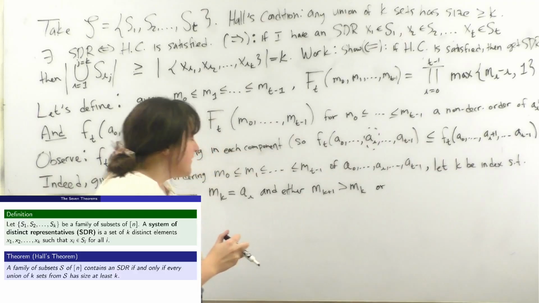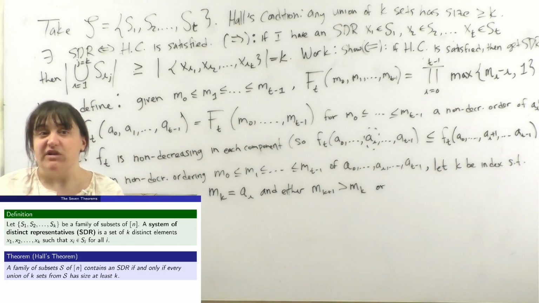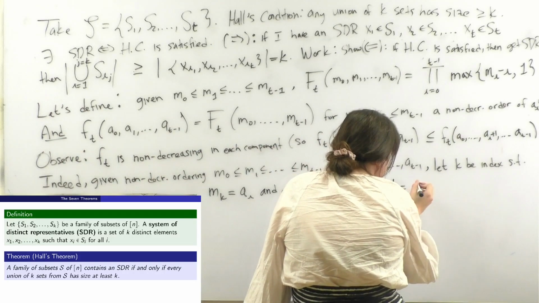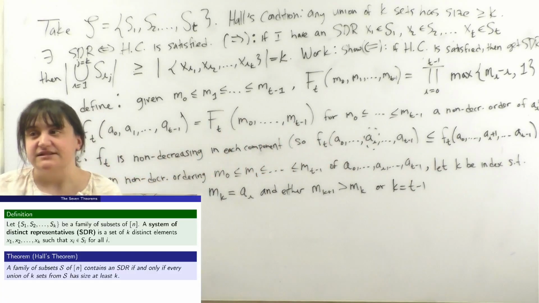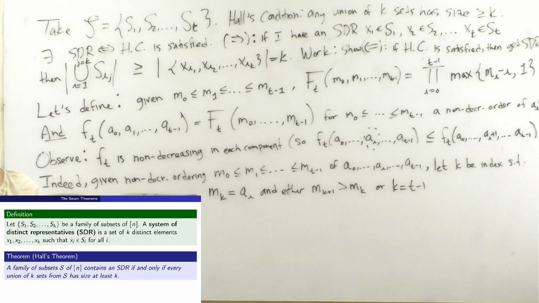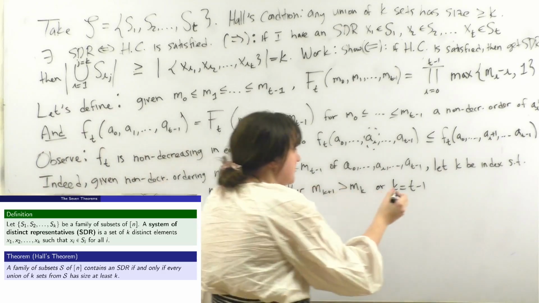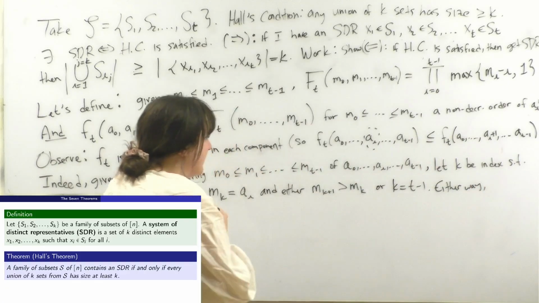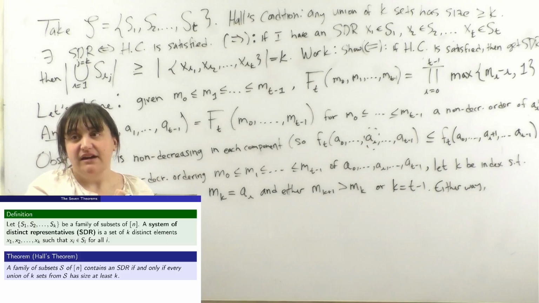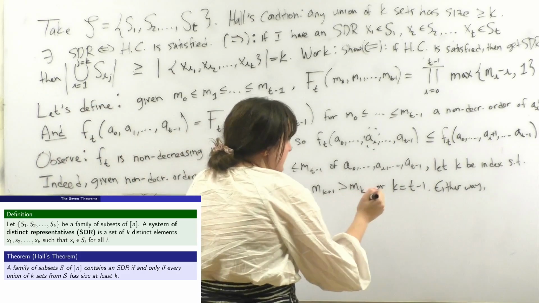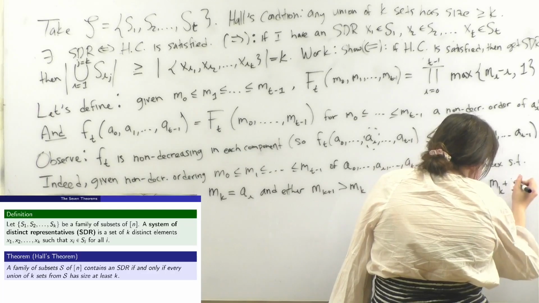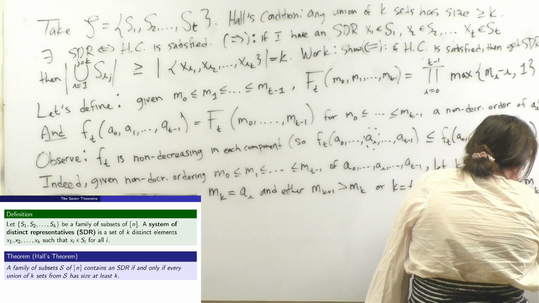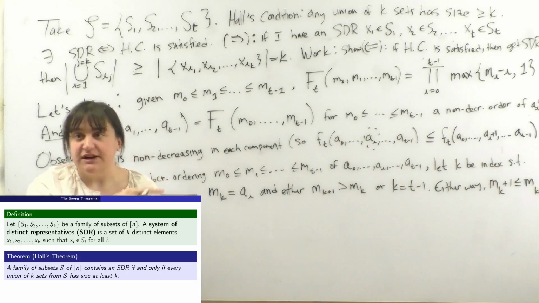Or if a_i is one of the biggest numbers in my whole set of numbers, k could just be the last number in the list. Either way, notice what happens when I add 1 to m_k. m_k plus 1 is less than or equal to m_{k+1} if I'm plugging integers in here.